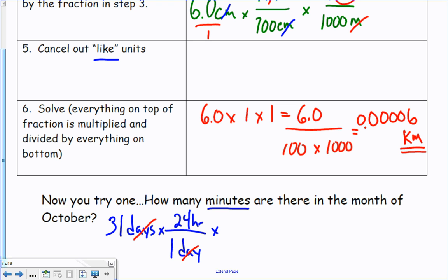What do I know about hours and minutes? Oh yeah, 1 hour is 60 minutes. So hours are going to cancel, and that leaves me with 31 times 24 times 60. It's going to equal some number that you just type into your calculator, and you're going to tell me in class tomorrow.